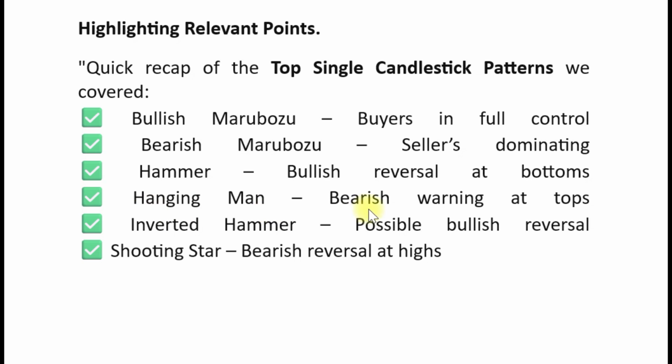Hanging man is a bearish reversal pattern formed in an uptrend. Inverted hammer is a bullish reversal pattern formed in a downtrend. Shooting star is a bearish reversal pattern in an uptrend.